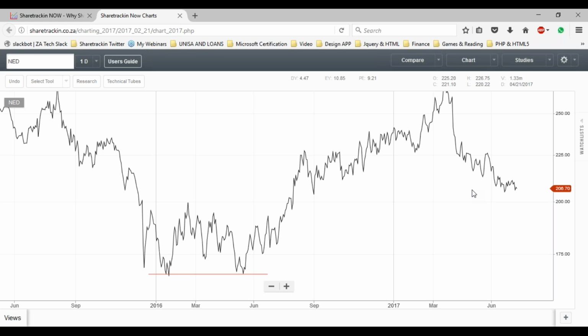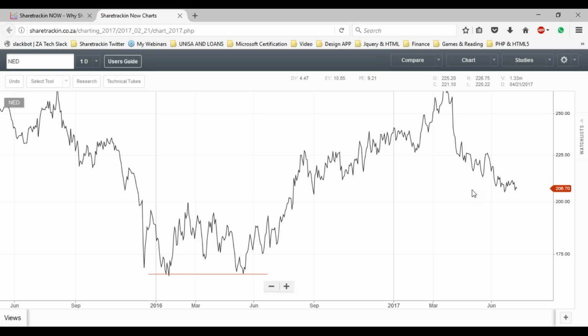Now, a lot of people say averages are not reliable. Averages might not be reliable, but it's a really good pointer that you can use to see whether something is going to happen or is about to happen within a particular stock. It's a really good indication.